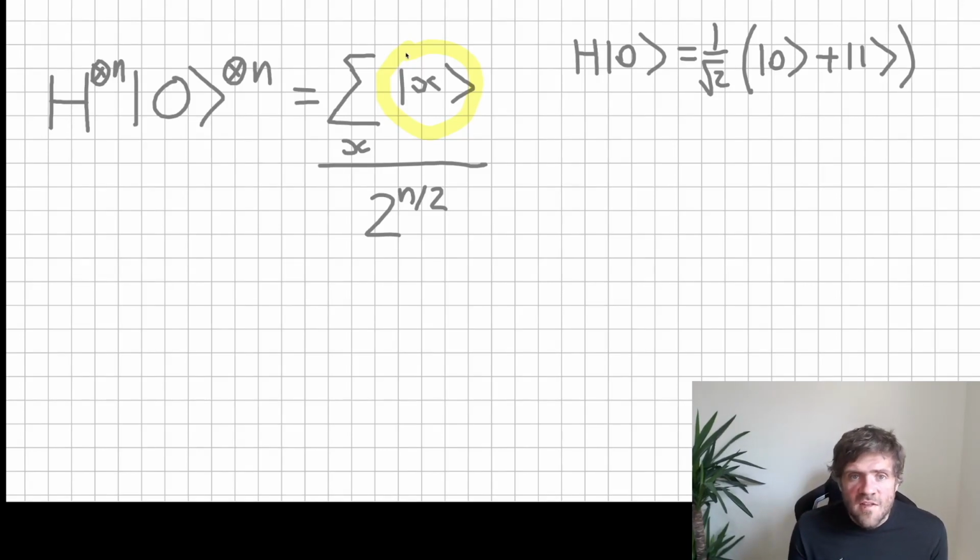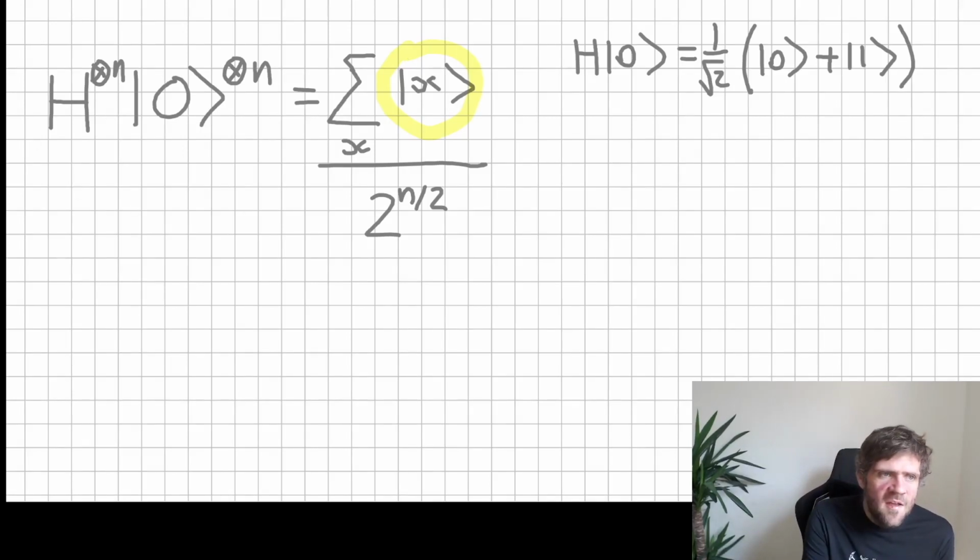So these are all n-bit strings. So as a single bit becomes a superposition, so do multiple quantum bits. When you apply Hadamards, they become a superposition over all of the bit strings.